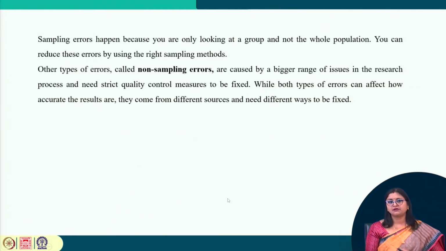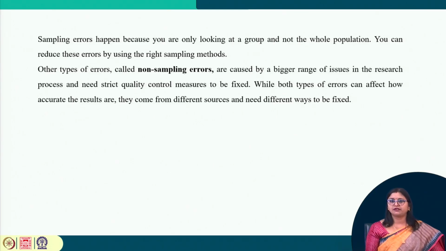So, sampling error happens because you are only looking at a group and not the whole population. You can reduce this error by using the right sampling method. Other types of errors are called non-sampling errors, and they are caused by a bigger range of issues in the research process and need strict quality control measures to be fixed.